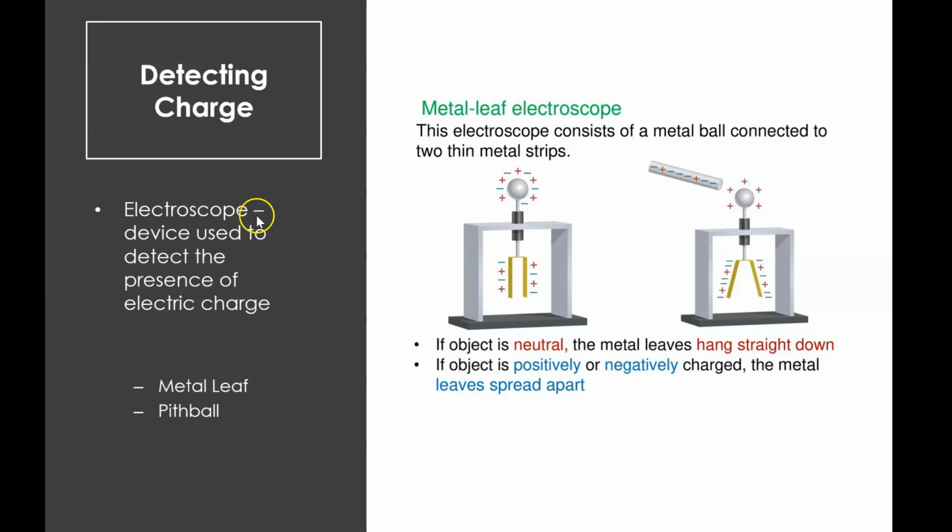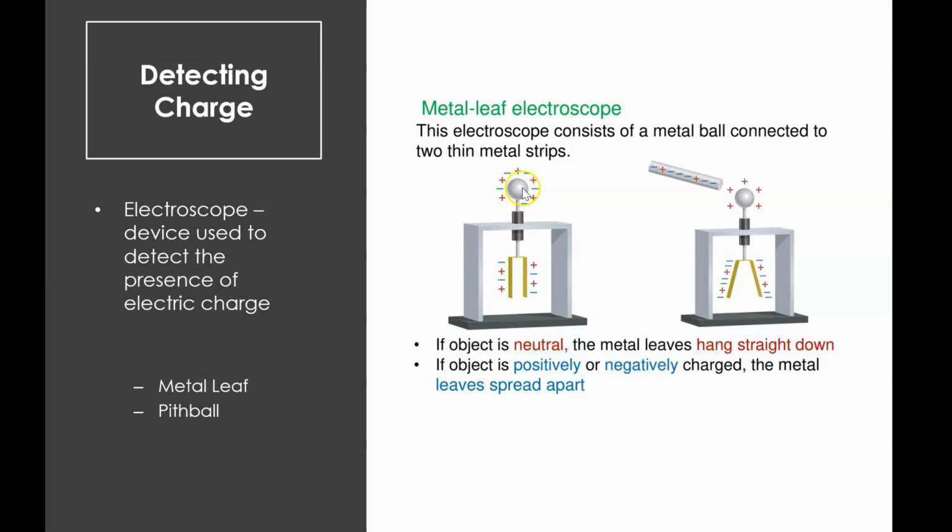Scientists have designed it to be able to detect the presence of charge. The two that I'd like to talk about are the metal leaf electroscope, so this one on the right-hand side, and then the pith ball electroscope, which is going to be on the next slide. So in the metal leaf electroscope, the design looks like this.